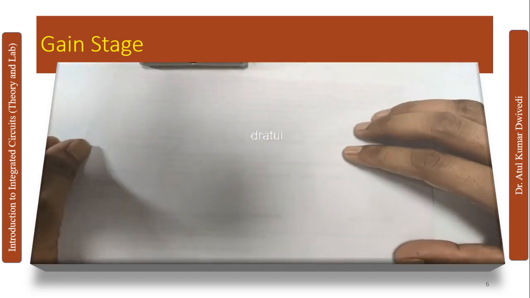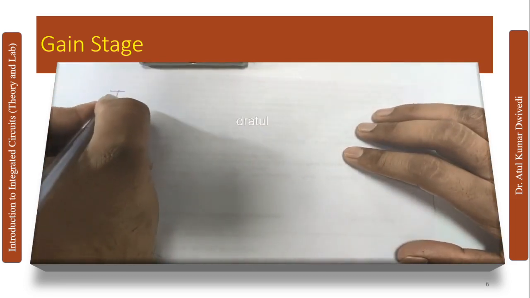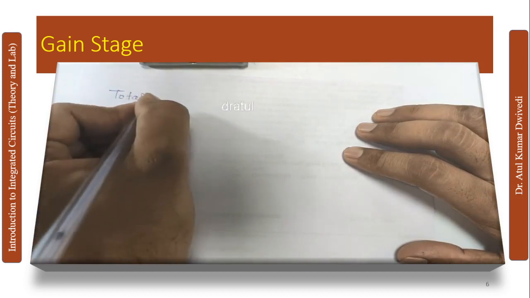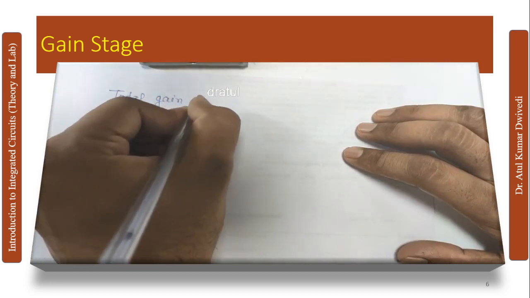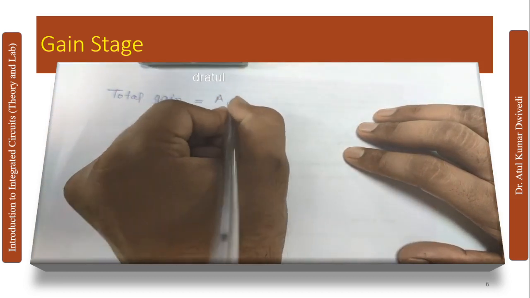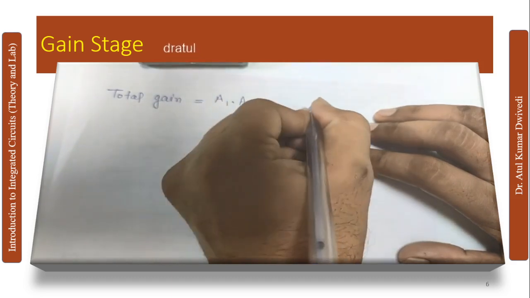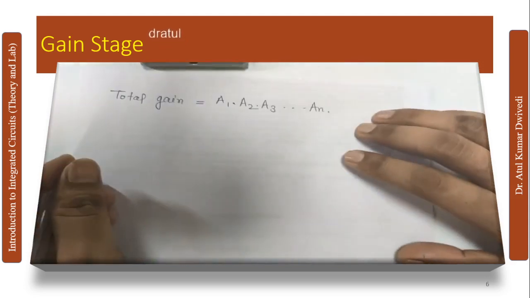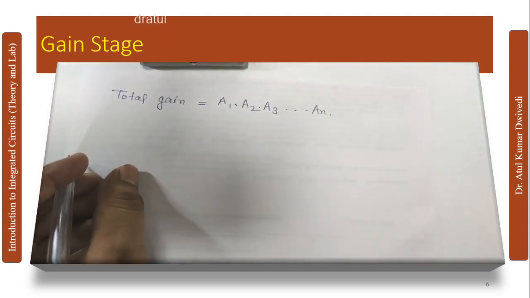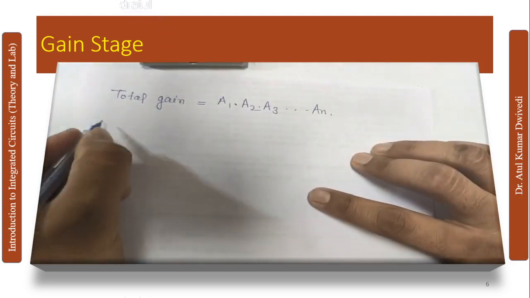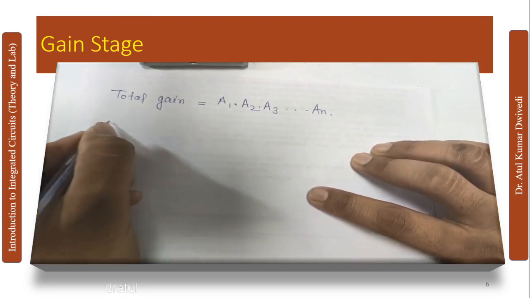The overall gain will be equal to A1 times A2 times A3 and so on up to An. If these gains are in dB, then they can be added.